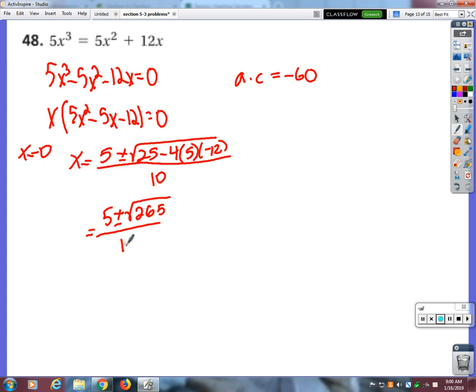Okay, divided by 10. That does not have a square root. Is there a number that we know the square root of that goes into there evenly? 25 doesn't go in there evenly. 15, but we don't know the square root of 15. 9 doesn't go in there evenly. Okay, so that makes it easier on us, really. So there's our answers: x equals 0 or x equals 5 plus or minus the square root of 265 divided by 10. That's what you got?